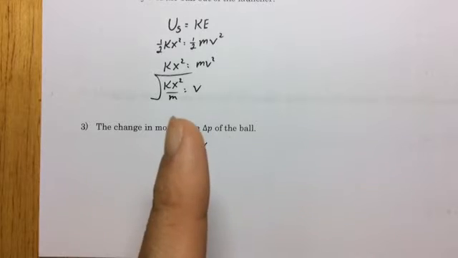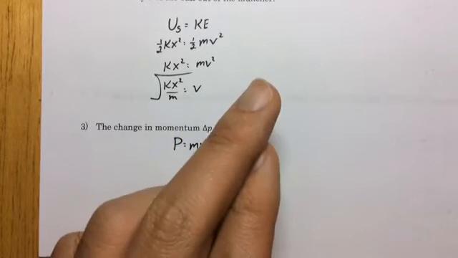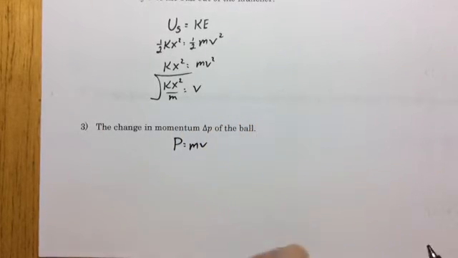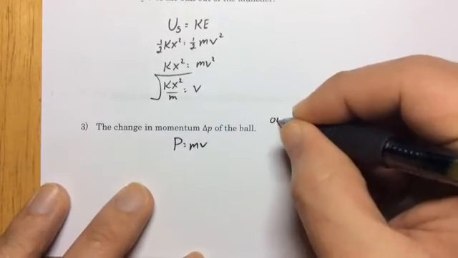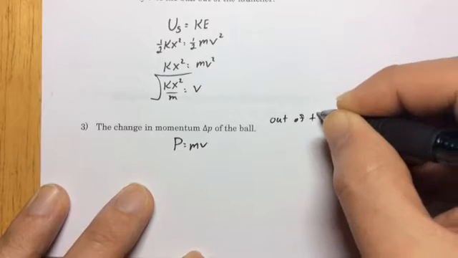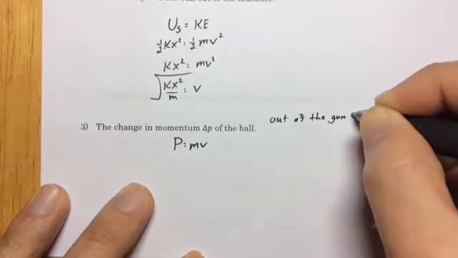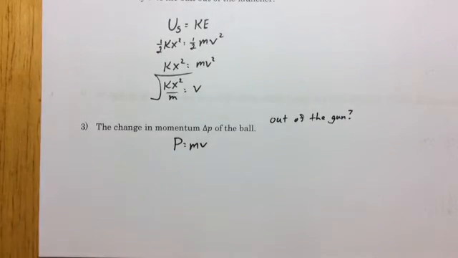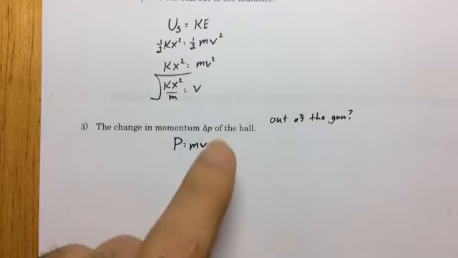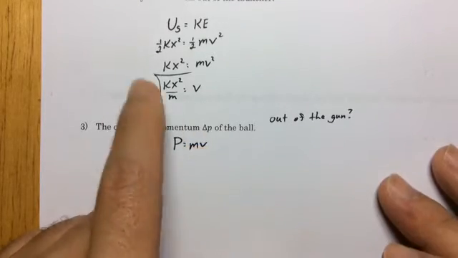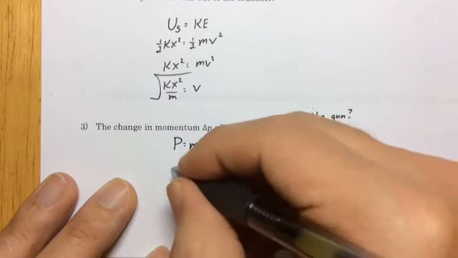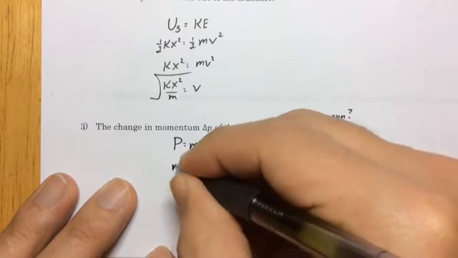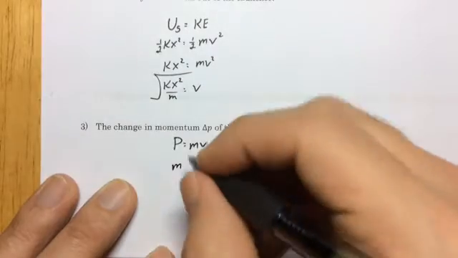Because not only are we talking about the ball coming out of the gun, but it also hits a wall, right? So I guess we could have been a little more specific. Are we talking about out of the gun? Is that the question? Because in that case, the change in momentum is just mv. It starts with 0 and it gets that much mv, and m is the mass of the ball, and v is actually that stuff.